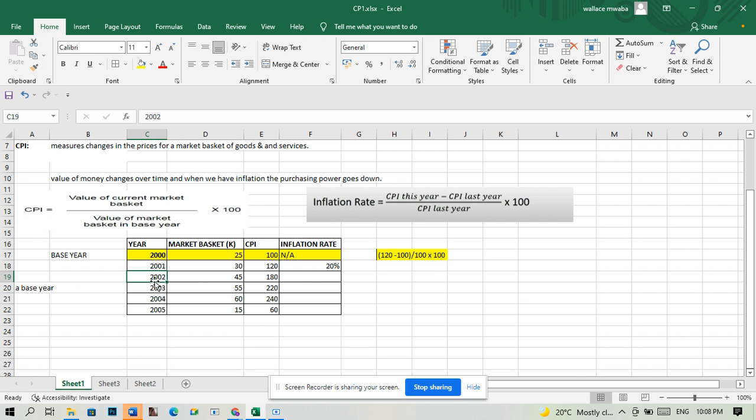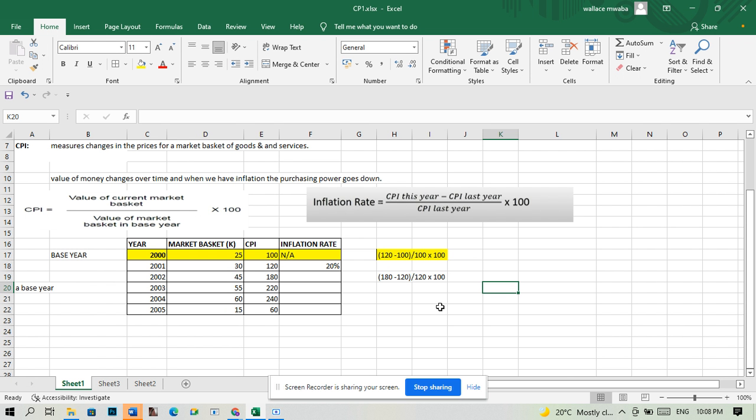For the year 2002, we're going to say 180 minus 120, divided by 120, times 100.